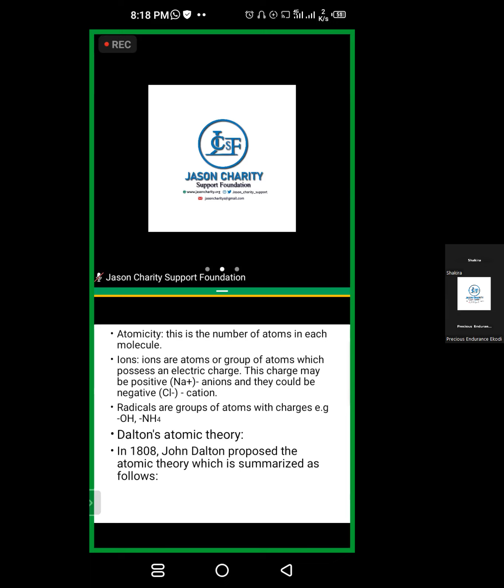Remember, we said that it was not until Dalton postulated his theories, when he brought up his research, that he started referring to these small elements, these indivisible particles as they were, as atoms. So what are the postulates that Dalton brought up in the year 1808?